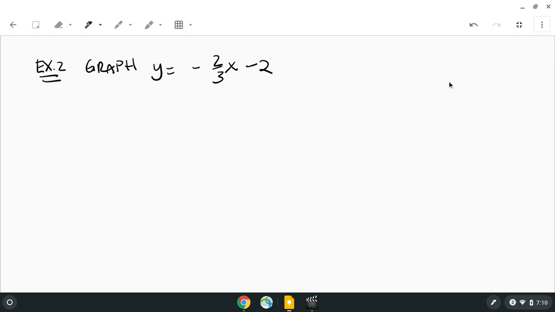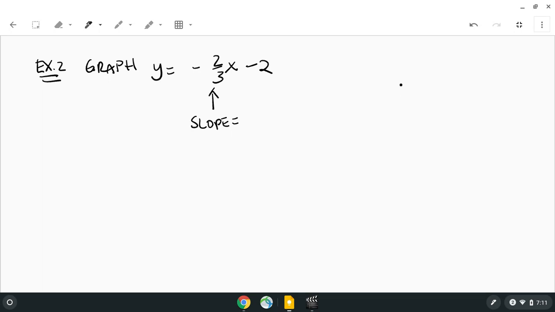So here's my slope. If you notice here, I intentionally put the negative kind of neutral. It doesn't matter where your negative goes. You can apply it to the numerator, middle, or denominator. It still means that the 2/3 is negative as opposed to positive 2/3.